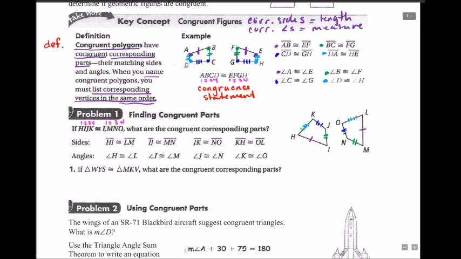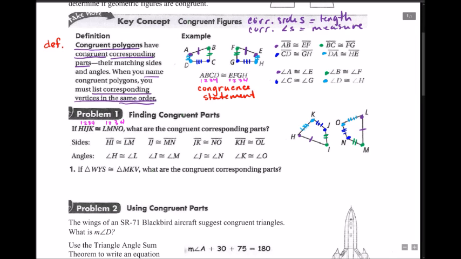And then I'm going to mark my corresponding angles, H and L, and I and M, and J and N, and K and O. And so now you can see which sides are corresponding and congruent, which angles are corresponding and congruent.